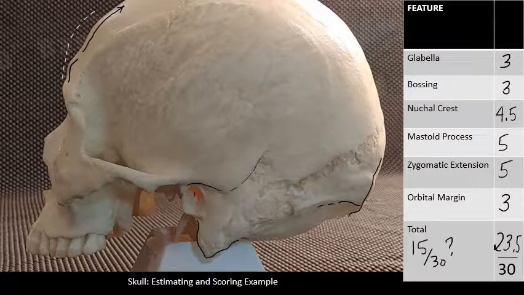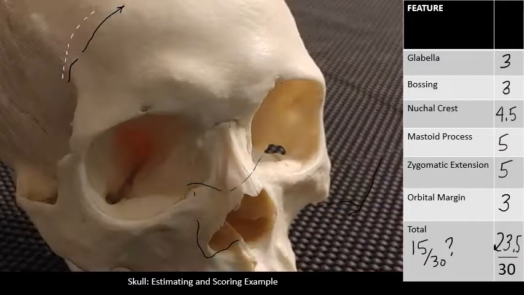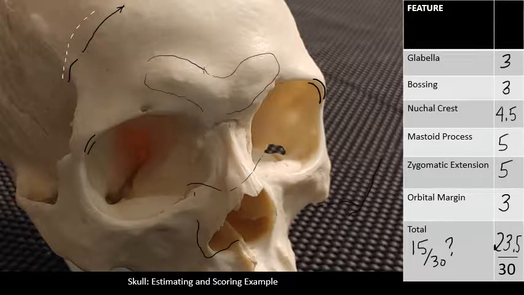Now let's just briefly take a look at that orbital margin because I do have it here. Okay, the orbital margin region right in here, and like I said, that's about a 3. We do see a good example from this view as well as that glabella. I'm just going to highlight that area right in around there.